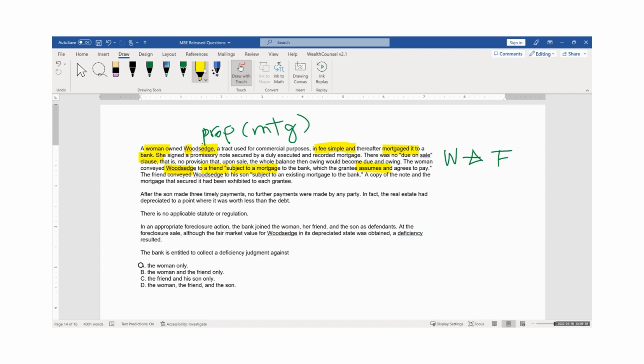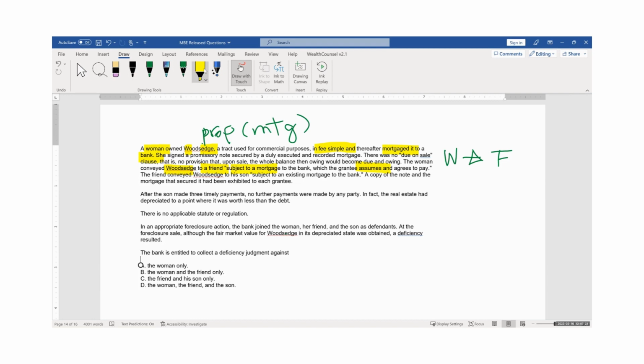In this context, when they're putting it in one sentence, don't get confused by that. Instead of thinking of subject to the mortgage as not being responsible for the mortgage, what it really means, and you can think of this in general, when you take subject to the mortgage, you can think of it as you're taking the land that is also tied to the mortgage.